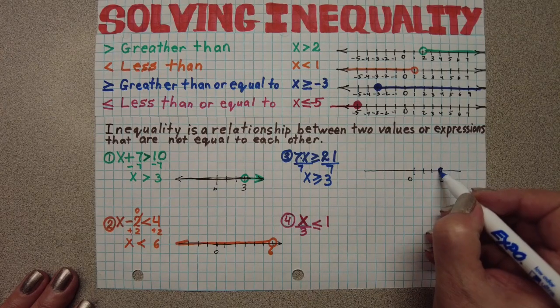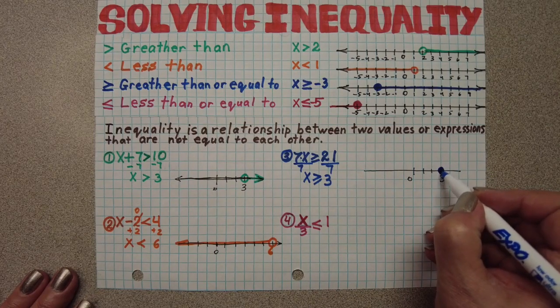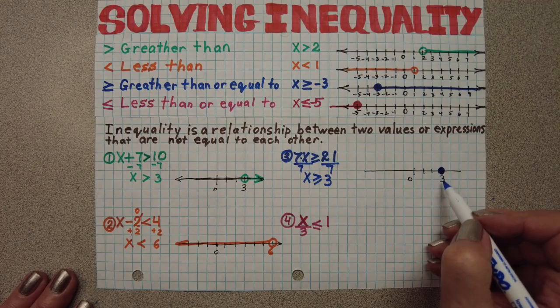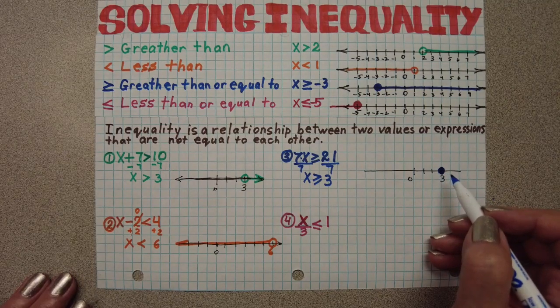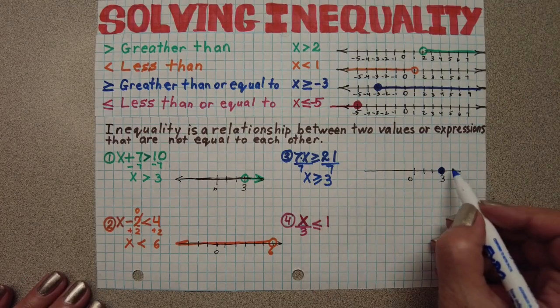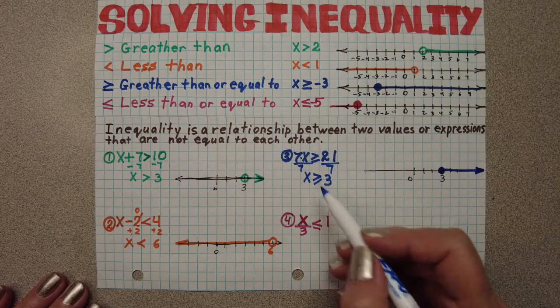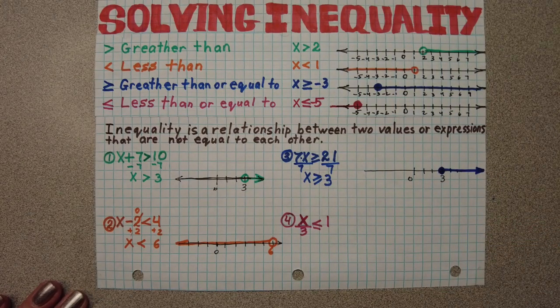That means 3 also can be the solution. That's why we do close that. We bubbled that. That means 3 also belongs to the answer. And it's greater than, that means all numbers greater than 3 are solutions for this inequality.